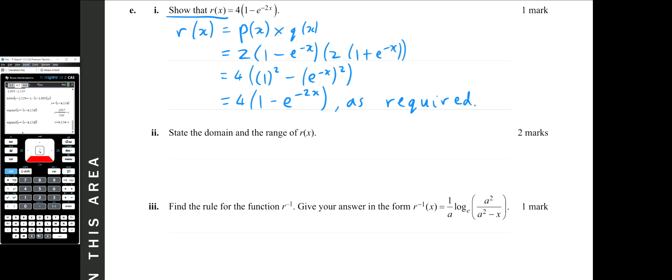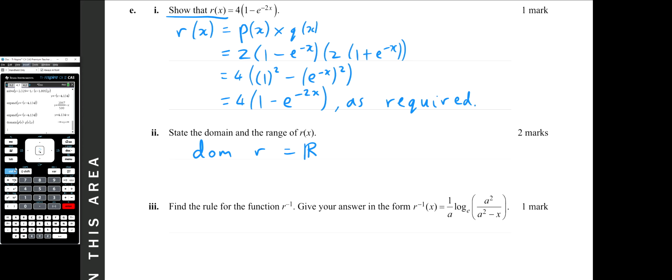Type in DOMAIN, and then p of x times q of x, and we have to put comma x at the end. Don't forget that. There we have, negative infinity to infinity. So basically the domain is all real numbers. So the domain of the function r is all real numbers.